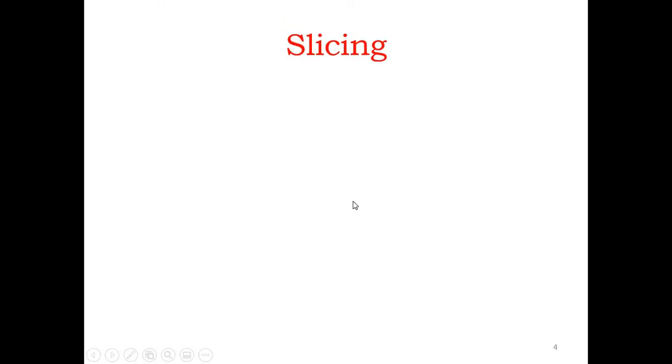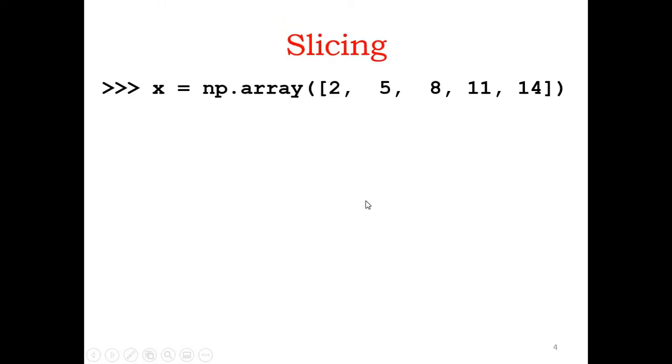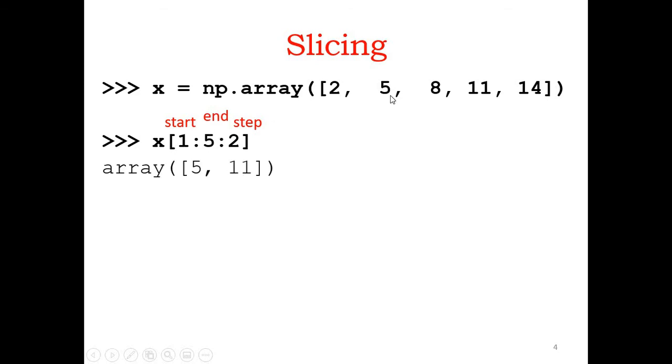and so on. Slicing. You have this array and you take a slice of this array. If you write 1:5:2 inside these square brackets, that means 1 is the start, 5 is the end, and 2 is the step. Of course it won't touch 5. So 1 is index number 1, this is 5, and then step size 2, that means you go over here to 11, and of course you cannot go beyond that because it is the last.